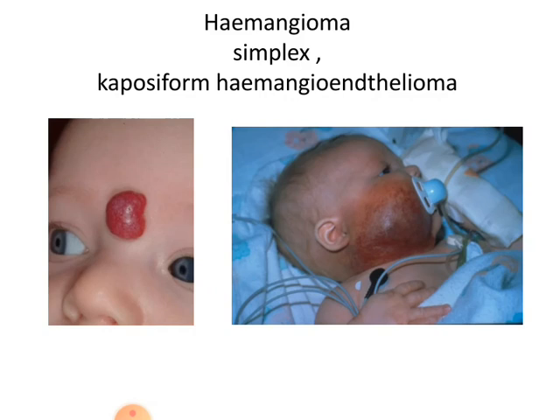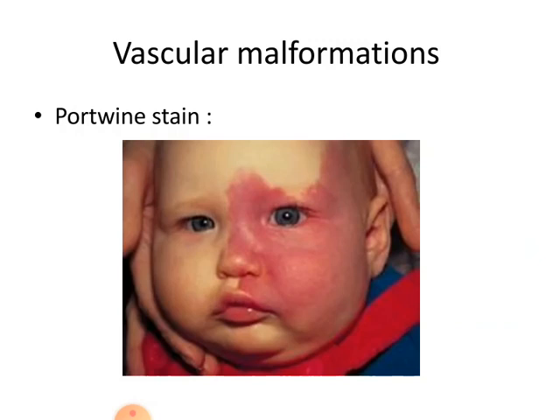We have vascular malformations. The first is port wine stain. Port wine stain occurs at the face and follows the distribution of the 5th cranial nerve, the trigeminal nerve, like in this picture.